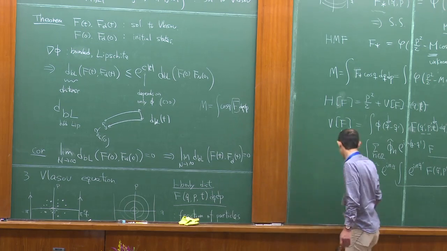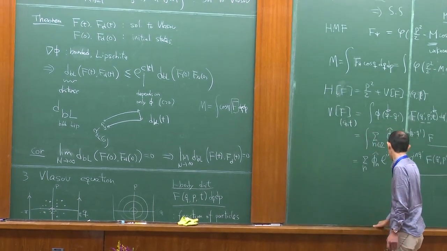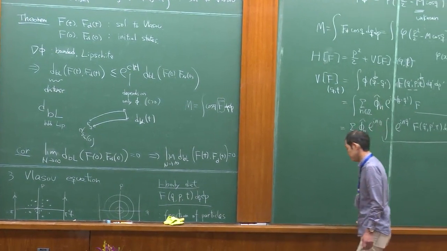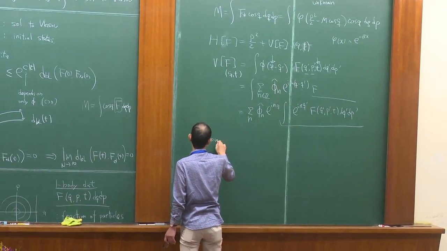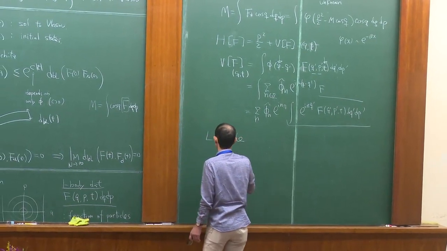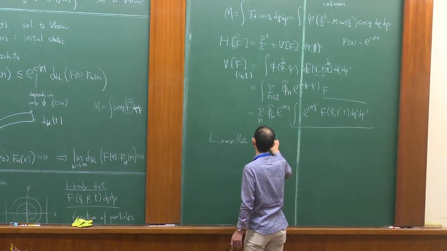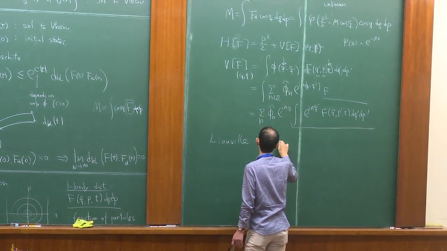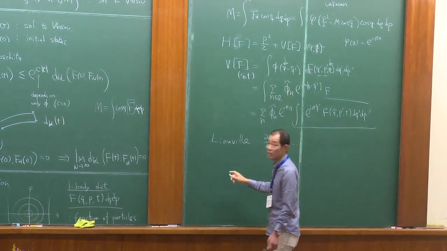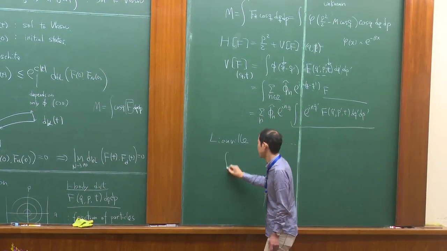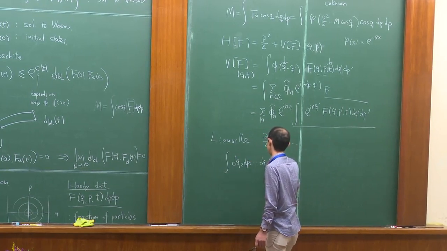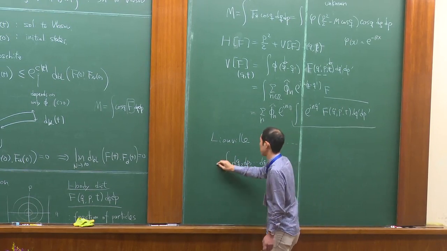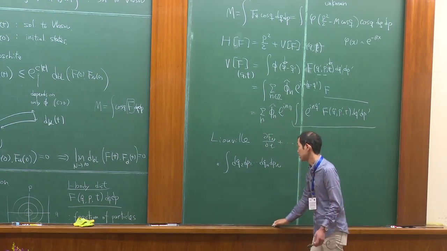Okay, good question. We start from the Liouville equation, which is plus blah, blah, blah. Then I perform the integration over dq2 dp2 through dqn dpn. This is the first step.